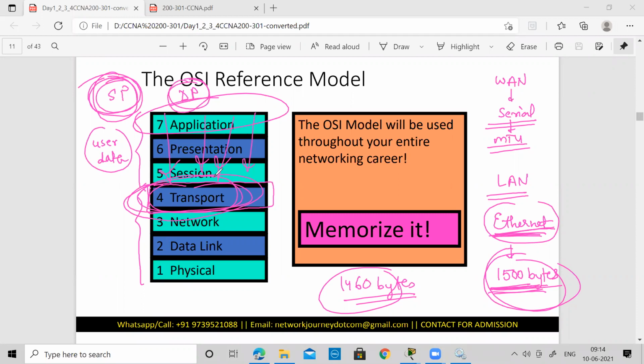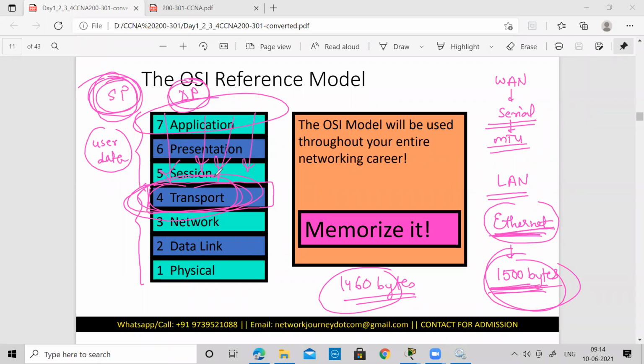And then the last functionality of the transport layer is flow control. Flow control is nothing but, if I am sending the data at the rate of 100 Mbps, but my receiver, who is sitting somewhere across the globe, his speed is not 100 Mbps. His speed is somewhat 10 Mbps. Then I need to synchronize the data with his way of listening.